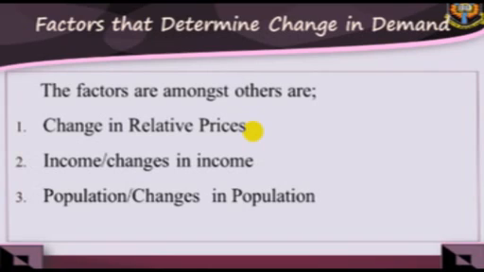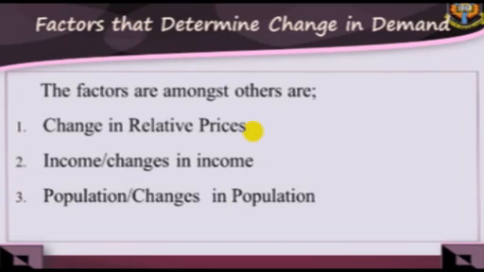In figure 3.5b, as the price of good A increases from P0 to P1, the demand for good B increases from Q0 to Q1, and this shifts the demand curve outward from D0 to D1.